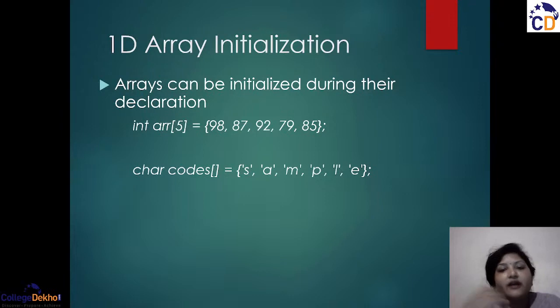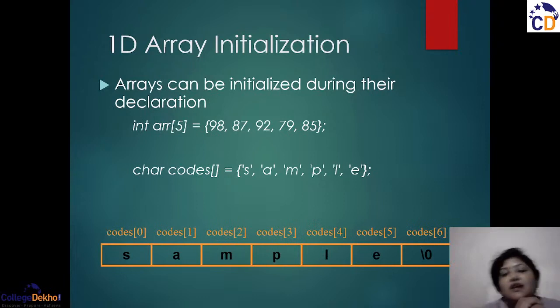Otherwise it would give an error if I do not define the character in quotes. But if you put numbers in quotes, it will become a string, a character only, right? So it is very important that whenever you define data types, you define the data type and follow the particular syntax also, right?